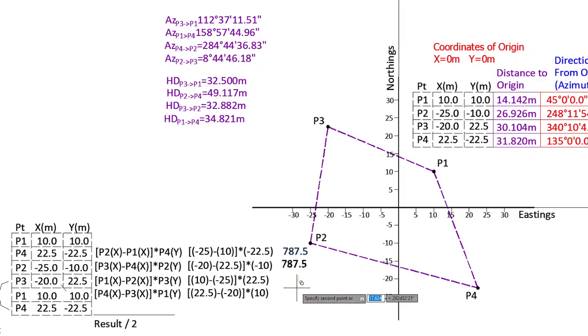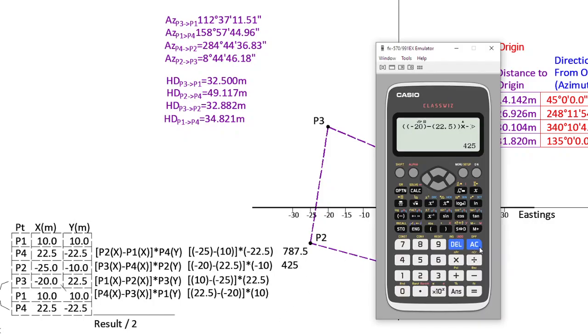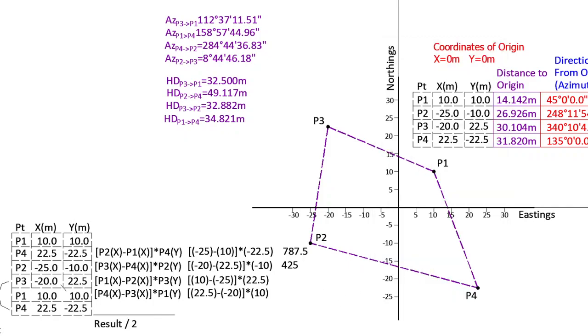So just put that value there, 425. Now we'll keep calculating things here. So bracket, 10, close my bracket, minus, open bracket, minus 25, close bracket, times 22.5. They are the same. Okay, yeah, 787.5. So I'm just going to place that value over here.